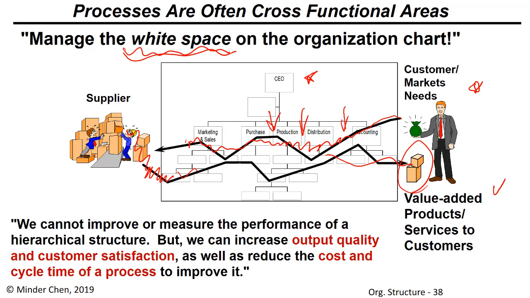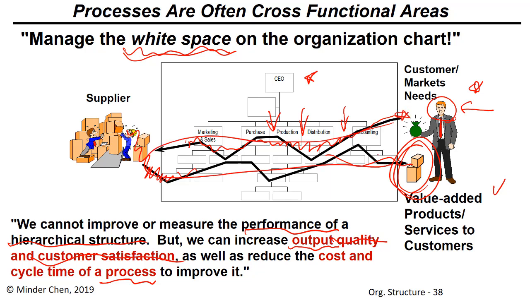Therefore, we argue that another way to look at the organizational structure is from the process aspect. Here's the argument: it's very difficult to measure the performance of a hierarchical structure, but we can easily measure the output, quality or customer satisfaction, see the happy face here, of the order fulfillment process as we describe informally here.